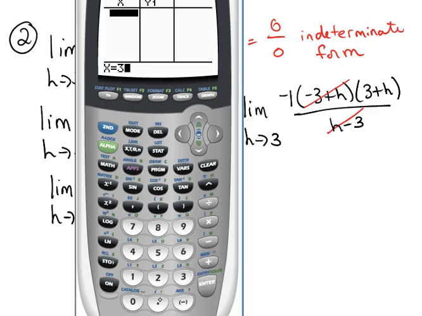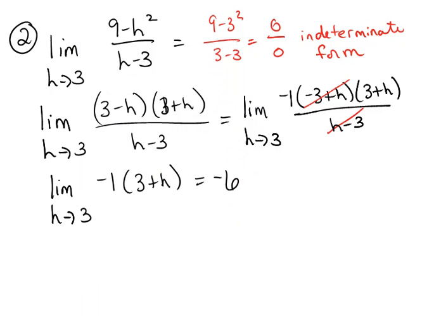If you do 3.001 and 3.0001, you'll see that you are approaching -6 from the right, and then just to confirm, try some numbers from the left. And as you get closer to 3 from the left, it does appear also that you're approaching -6. So that confirms what you did algebraically.